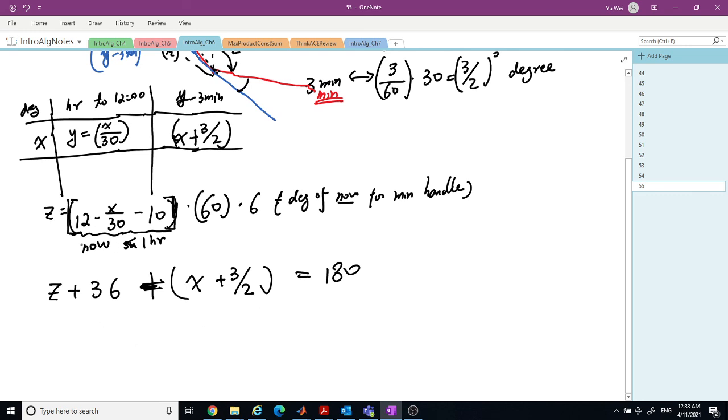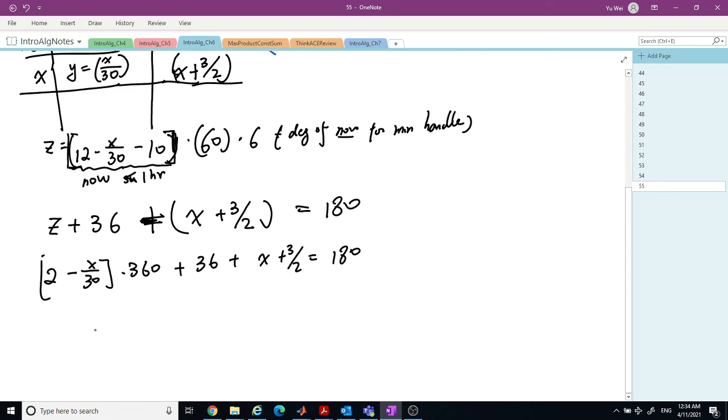Now let's solve the equation: 12 minus X over 30 times 360, plus 36, plus X plus 3 over 2, is equal to 180.